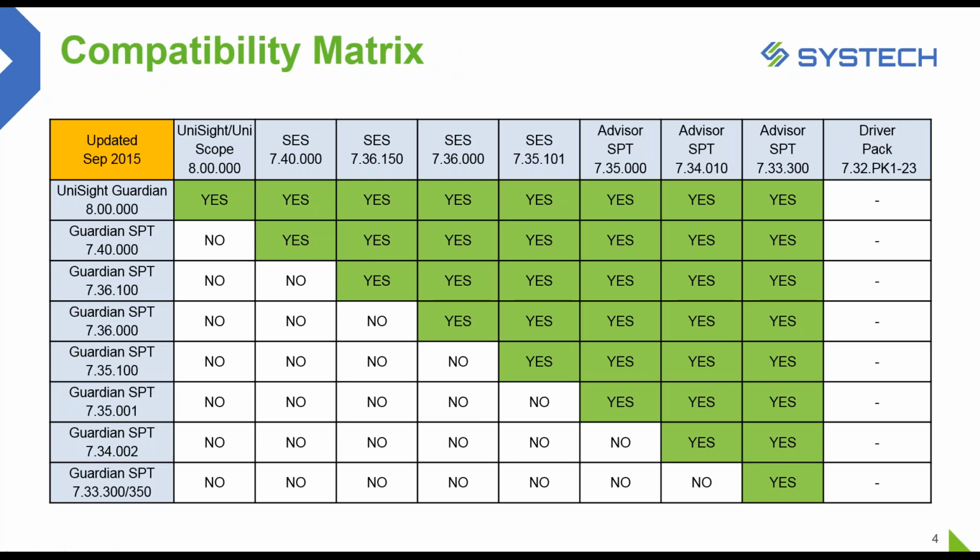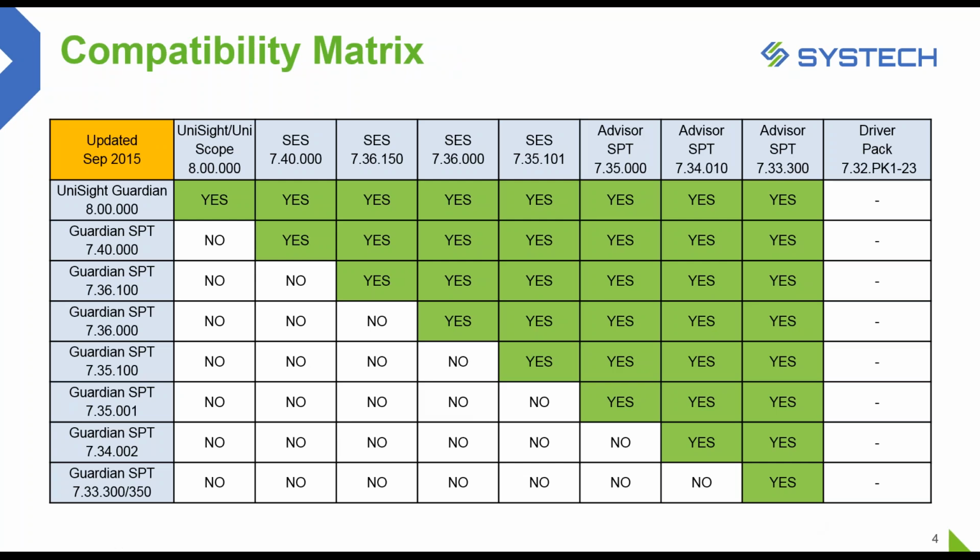The compatibility matrix is just an updated copy. The pattern still remains the same. We support Guardian 8.0 all the way down to Advisor 732. Technically, I've got to stress the fact that yes, it is backward compatible. The lots will start, but there are features within the lot, something like suspend and resume.